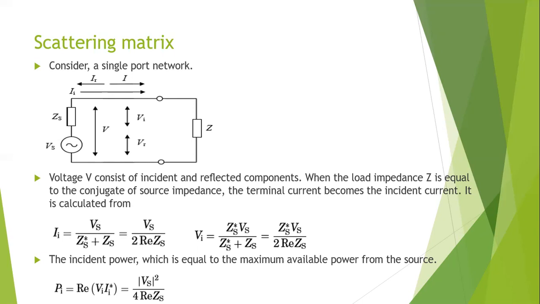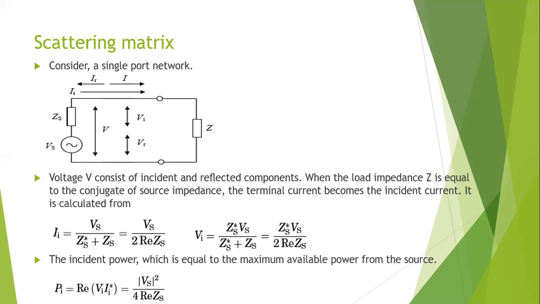Here Vi is the incident voltage wave, Vr is the reflected voltage wave. In the same manner as voltage, current also travels towards the load and some of it is reflected back. Here Ii is the incident current wave, Ir is the reflected current wave.